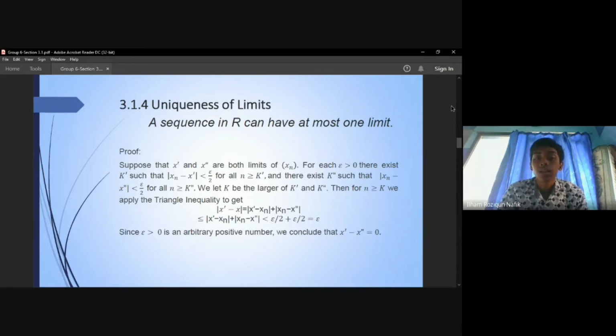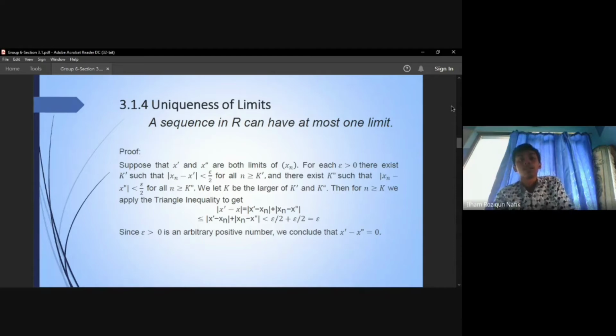Then for n greater than or equal to K, we apply the triangle inequality to get the absolute value of x' minus x'' equals the absolute value of x' minus x_n plus x_n minus x'', which is less than or equal to the absolute value of x_n minus x' plus the absolute value of x_n minus x'', which is less than epsilon over 2 plus epsilon over 2, which equals epsilon.